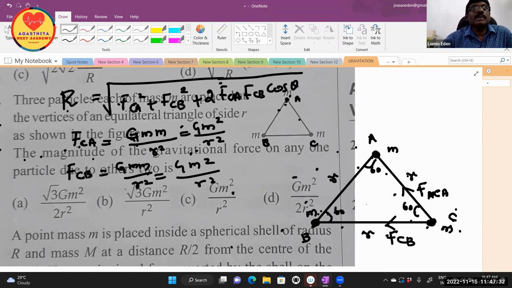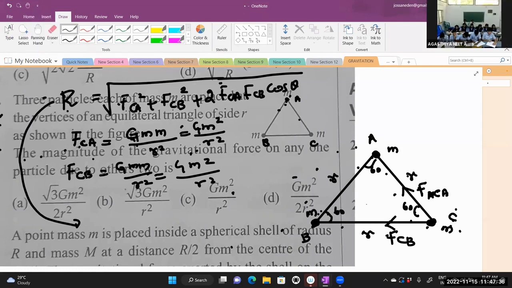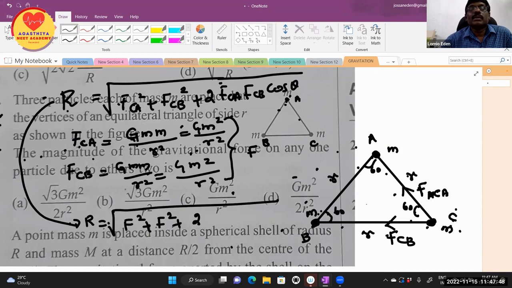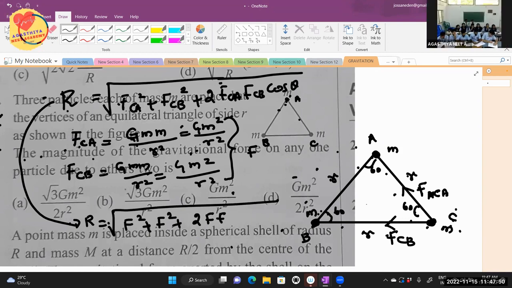Okay, now let us simplify this. Both are equal, no? Let us take it as F. Therefore, in this formula, R is equal to root of F squared plus F squared plus 2 F F cos theta, here 60 degrees.